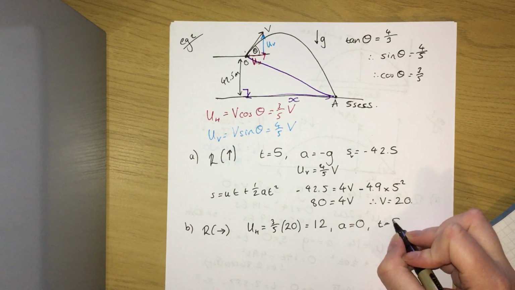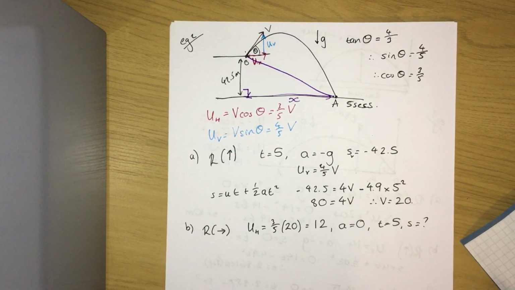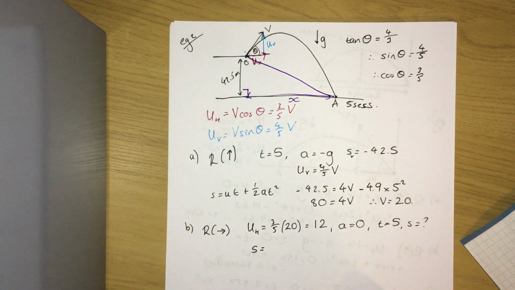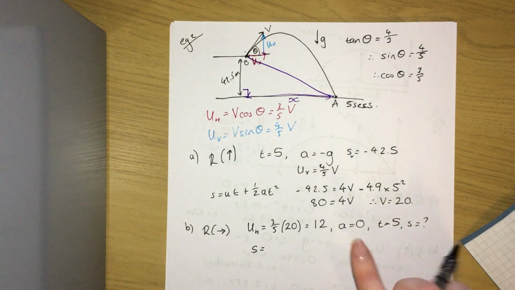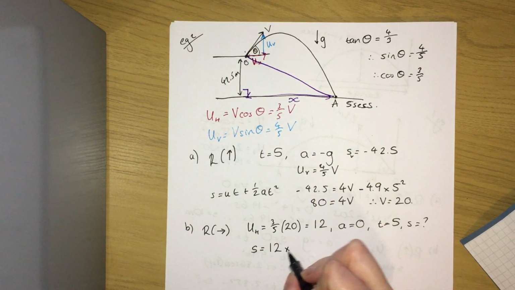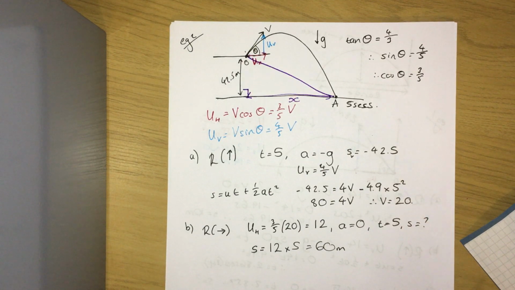I know the time taken is 5 seconds, and I'm trying to work out displacement. So s equals ut plus half at squared, or just simply s equals ut, because we know that acceleration removes the half at squared. So 12 times 5 is 60 metres.